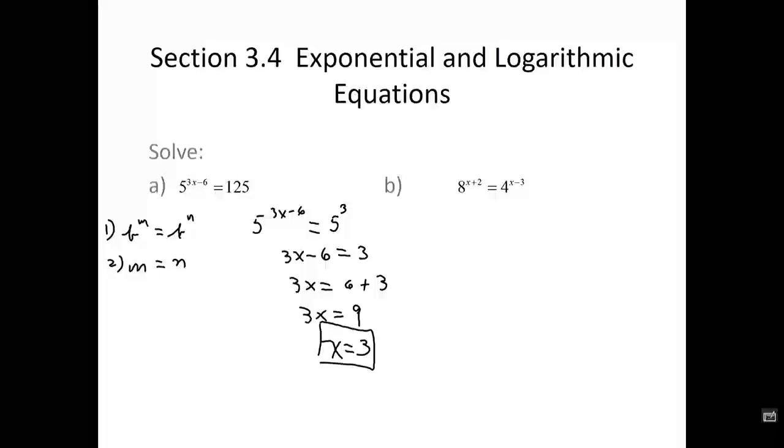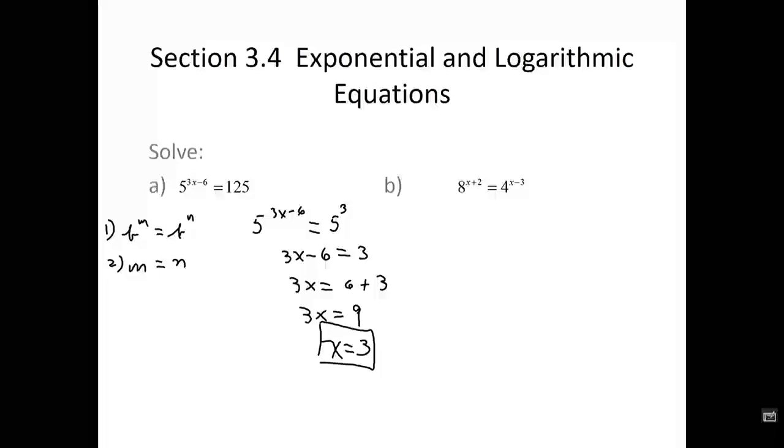Let's consider another example. Let's solve the exponential equation 8 to the x plus 2 is equal to 4 to the x minus 3. We want to rewrite the equation having the same base on both sides.